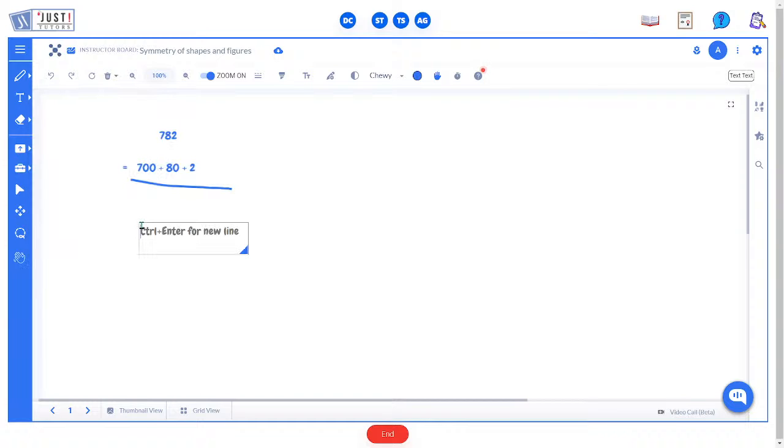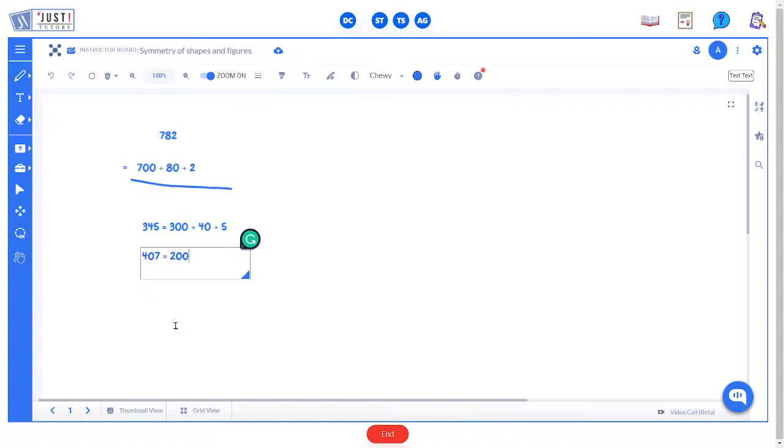What if I try writing the expanded form of 345? The expanded form of 345 would be 300, add 40, add 5. Now what if I try writing the expanded form of 407?